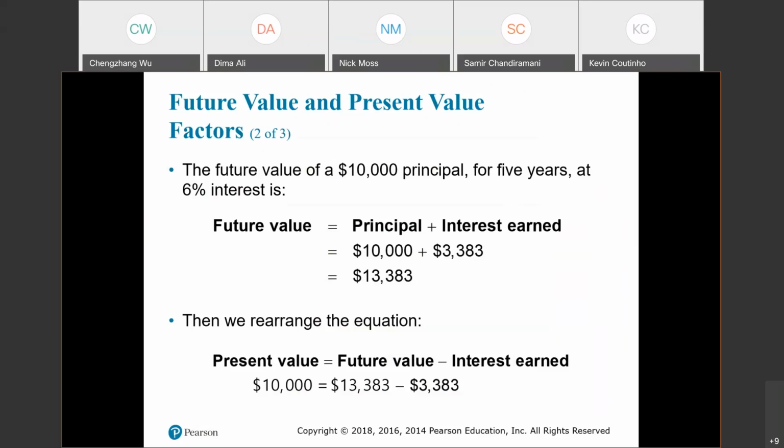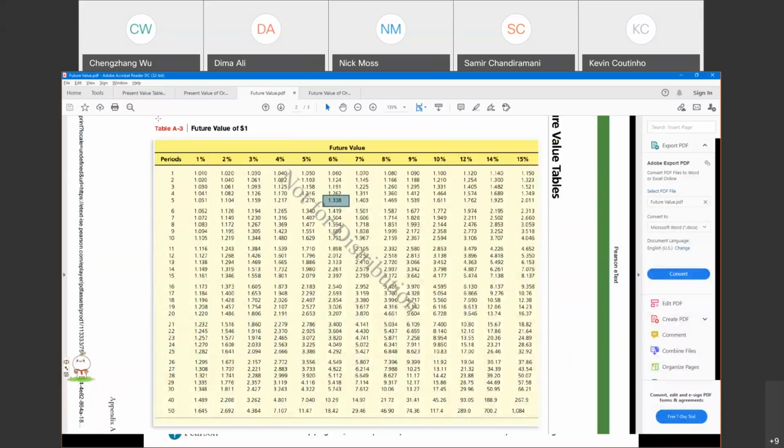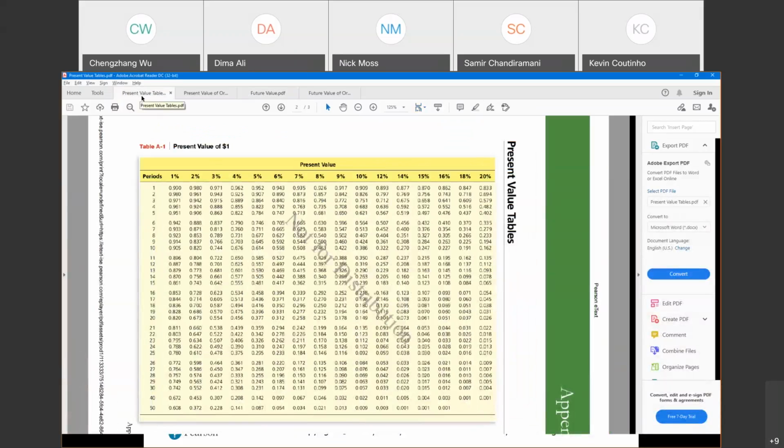So in this case, we need to find the present value factor in the present value table and use that factor times 13,383. So we find the interest rate to be 6%, number of periods to be 5 periods.